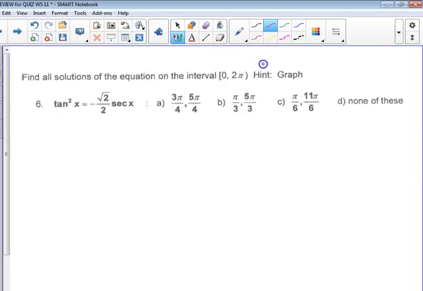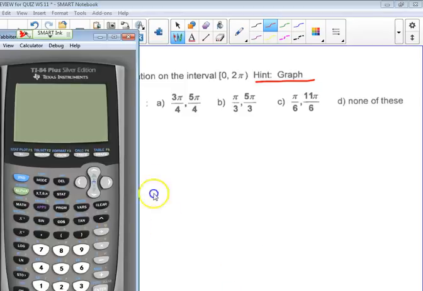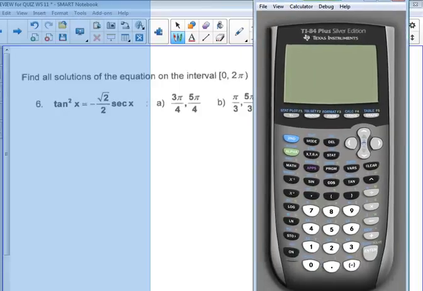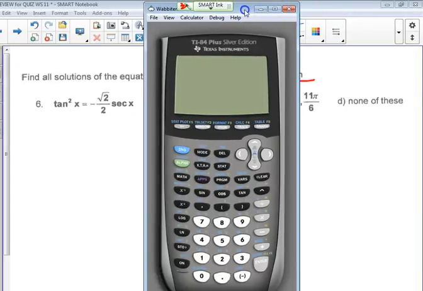All right. This one says hint graph because it's kind of messy to do a bunch of trades. So let's just try graphing it. How do you want to do it? Y1 and Y2? Okay, so in one, we're going to put the tangent of x close parentheses squared.